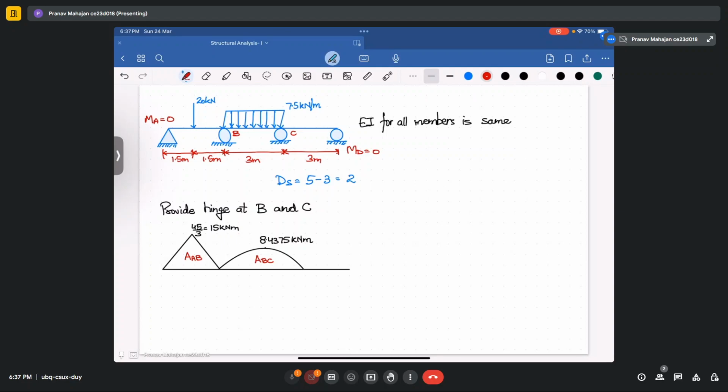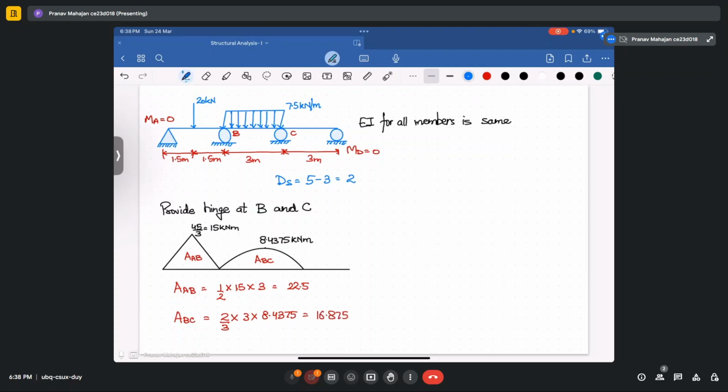Okay. So here your AAB, how you will calculate? It will be 1 by 2 into 15 into 3, and that will be equal to 22.5. Your ABC will be equal to 2 by 3 into L into the total height, 8.4375, and that will come out to be 16.875.